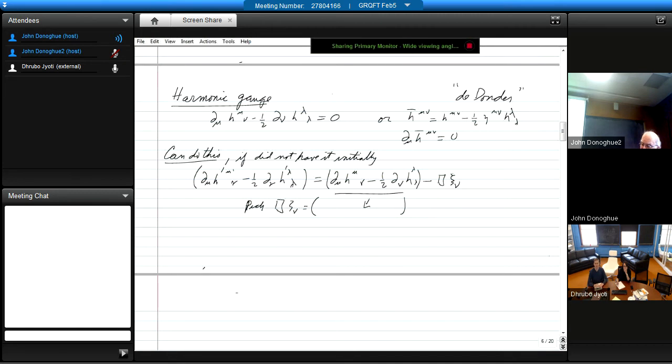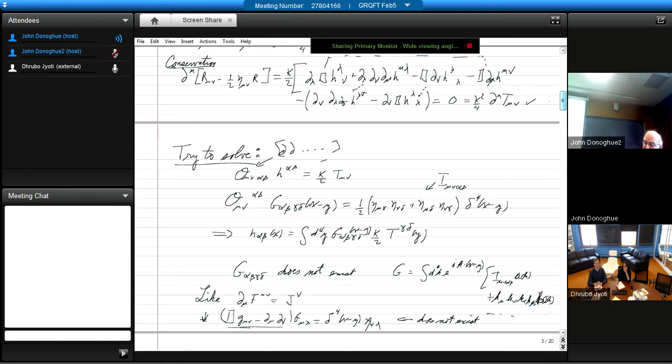We know how to solve that just by a Green's function. That's just your standard Green's function equation. So now I've got a gauge where the transformed gauge condition is zero, so I can always go there.